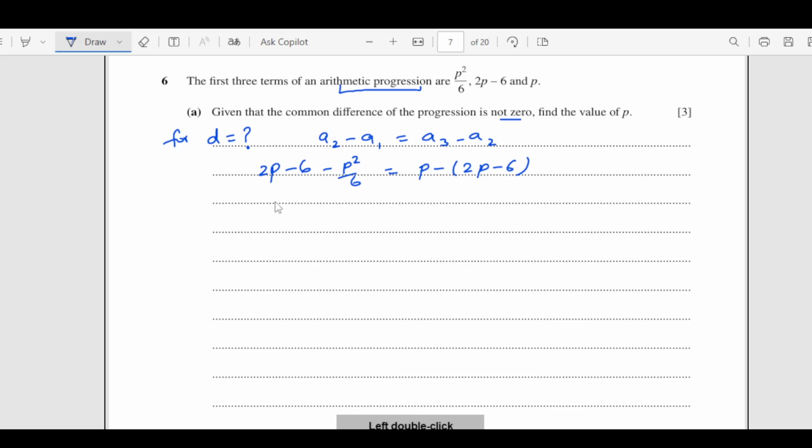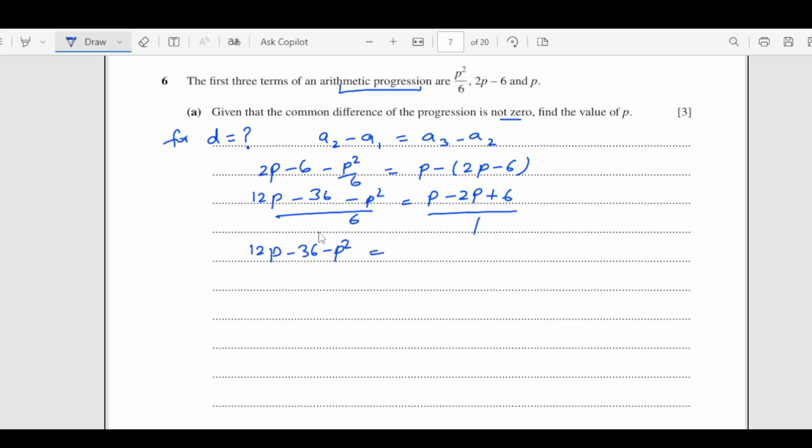So now just simplify this. When we take the LCM, this is 12p minus 36 minus p squared over 6. This is going to be p minus 2p plus 6, right? Now we can cross multiply. So this is going to be 12p minus 36 minus p squared equals to, this is negative p times 6. Let me write it down, negative p plus 6, right? So left hand side is 0, so I'm shifting everything to the right hand side.